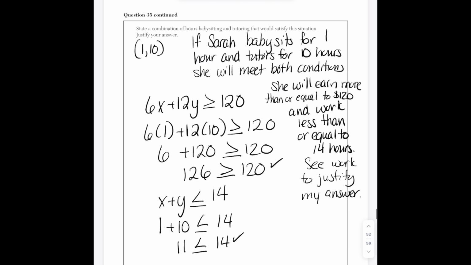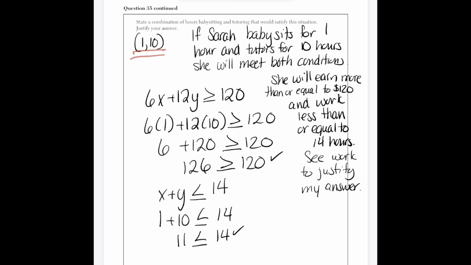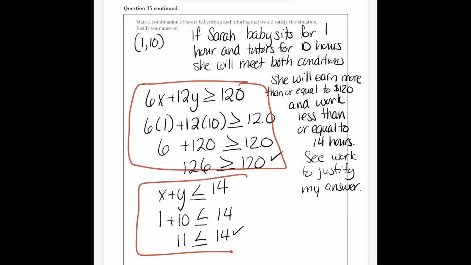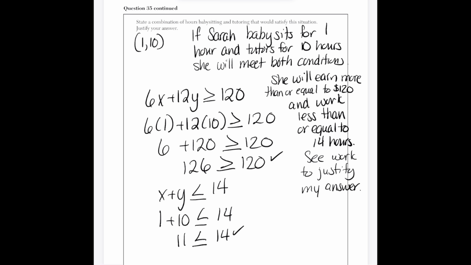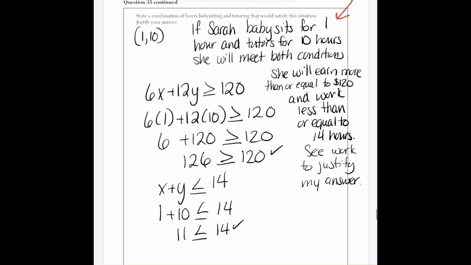Then you needed to pick any combination point. This is where your numbers can look very different from mine. You just have to pick a point. I just chose 1 and 10 because they were easy numbers. To be honest, that was why. I just wanted to multiply with very easy numbers. I justified my answers by subbing it into both equations to make sure it was true. And then I explained my answer in full words.